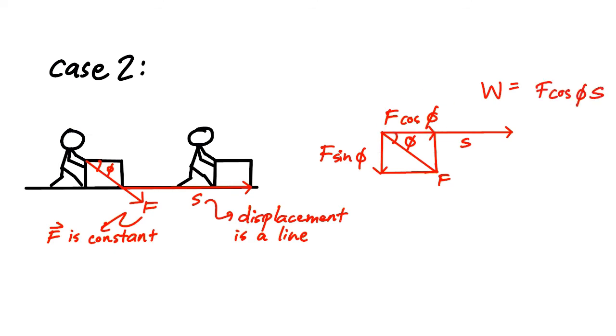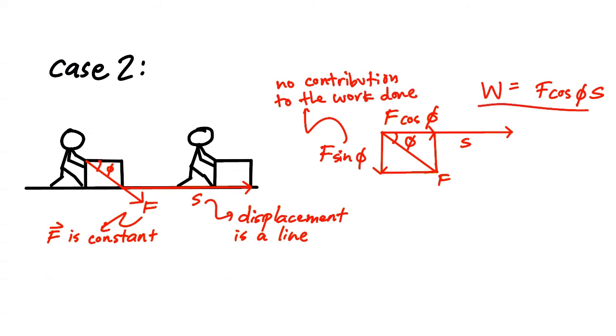Now, for the other force, there is no work done. Wala siyang contribution sa work done. Kasi clearly, from the direction, hindi siya ang nag-cause nung displacement kasi downward yung ating F sine phi. So, this component here has no contribution. Which means, this expression here is our work done for the case na the force is not in the same direction as the displacement.